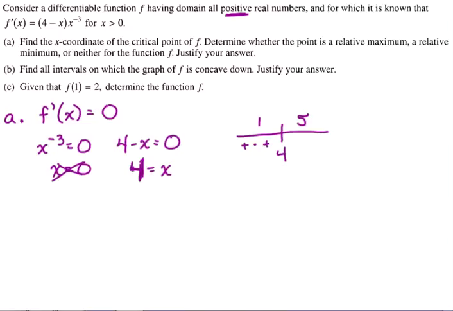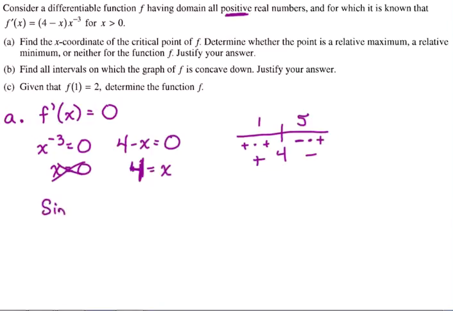When we plug in 5, 4 minus 5 is negative. 5 to the negative third is positive. The negative exponent doesn't make it a negative number, it just makes it a really tiny number. So we are positive to the left of 4, negative to the right of 4.